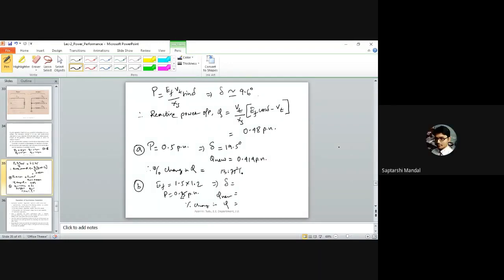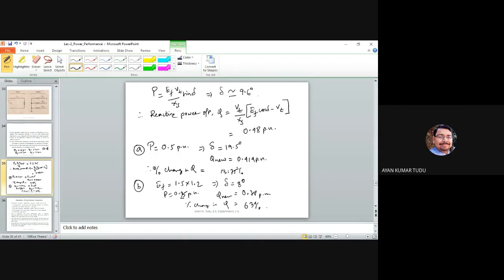That will become 7.98, around 8 degrees. Okay, what about Q new? 0.782, so 0.78 per unit. What about percentage change? More than 60%, I think. 62.9, so around 63%. Okay.